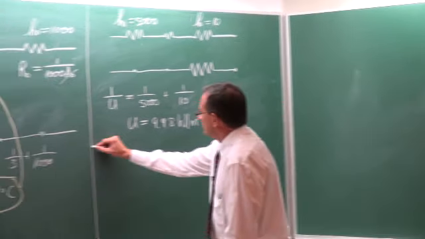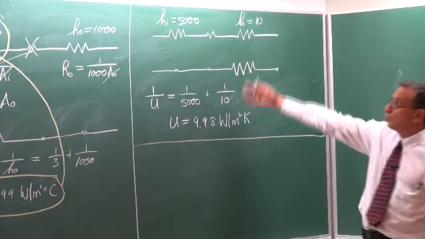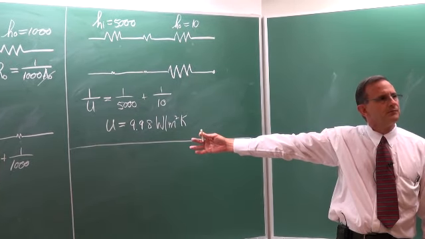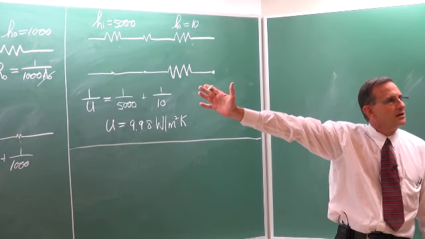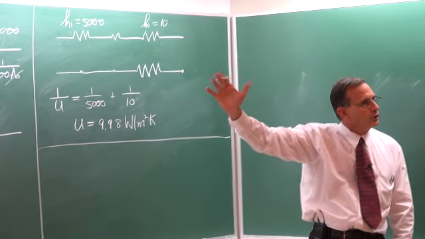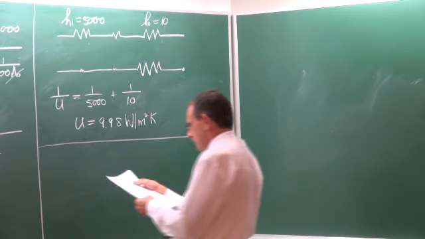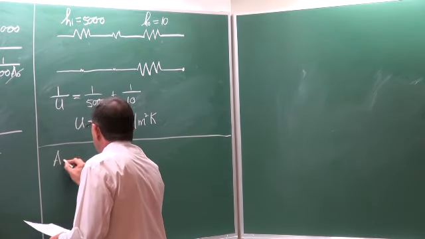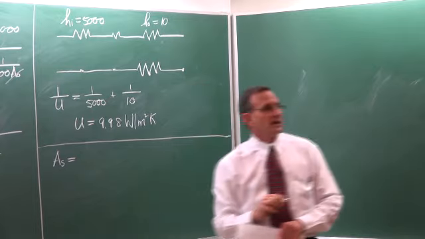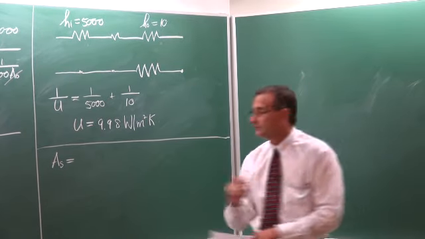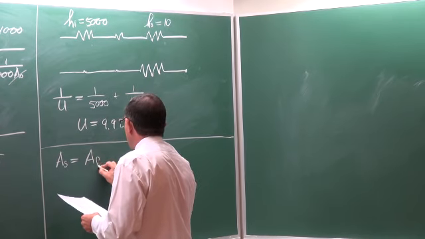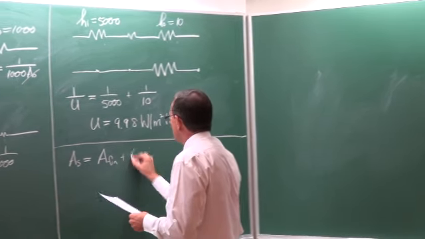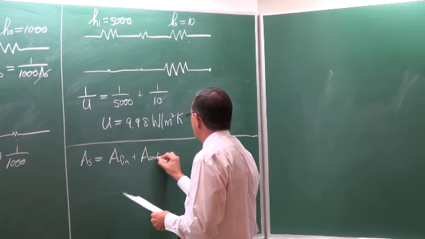Now, typically, when you've got this problem in industry, you would say, but I remember something about fins. So let me solve this problem by putting on fins. If you do that, then you can say the surface would be the area of the fins plus the area of the unfinned area.